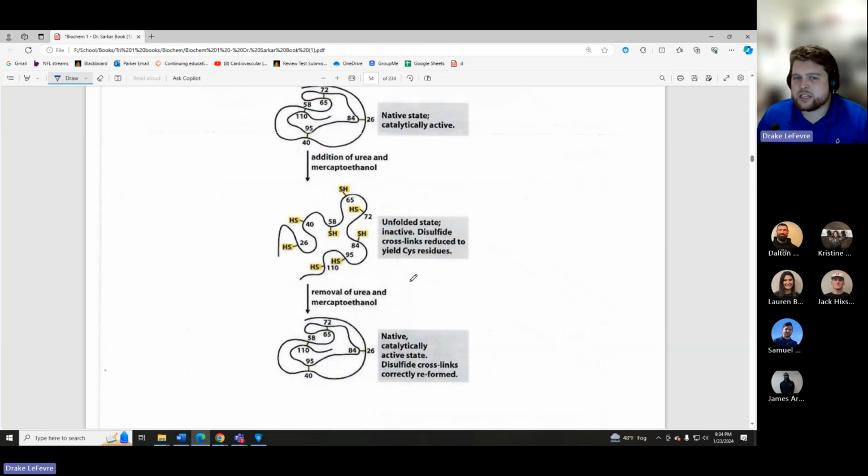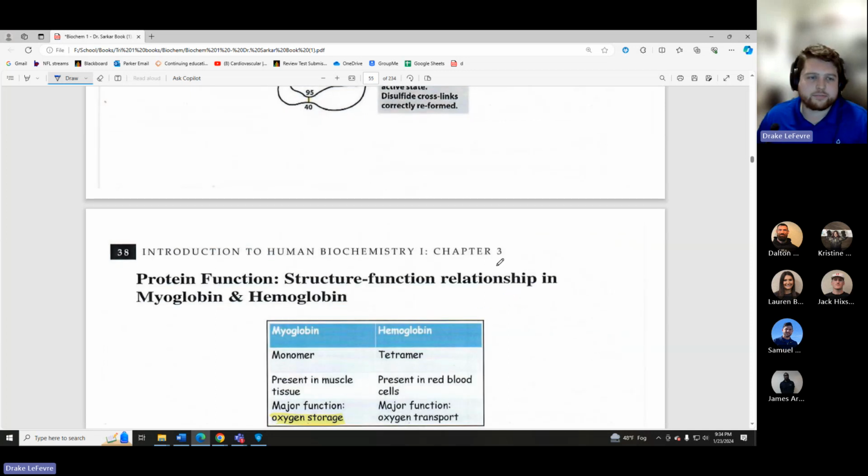If the protein isn't completely destroyed, it will refold back into its functional structure. Because remember, the way that it forms that structure is through the hydrogen bonding of itself. So if it's put into a situation where it can refold and reform those bonds, it'll do that naturally by itself, and it can renature and go back to being a functional protein.